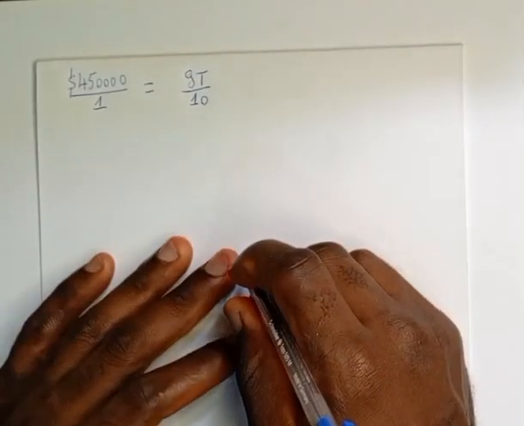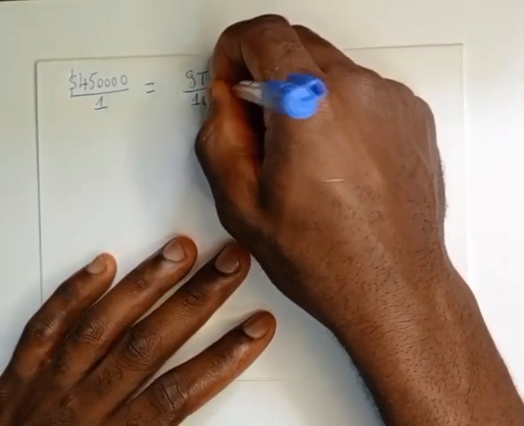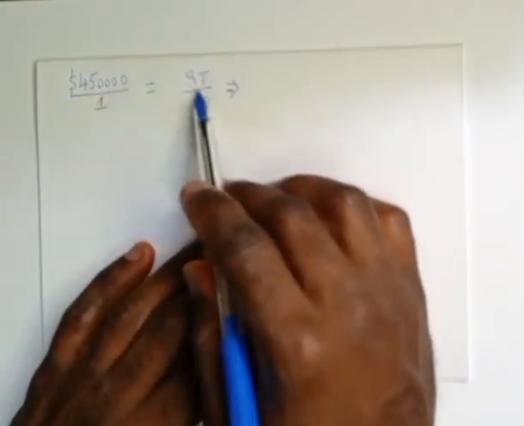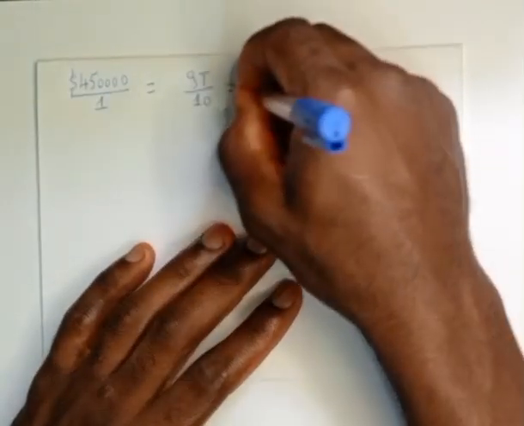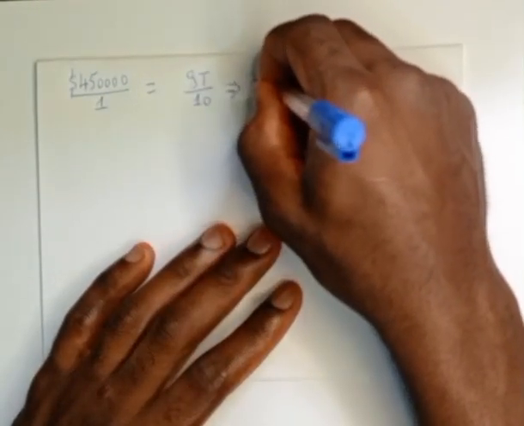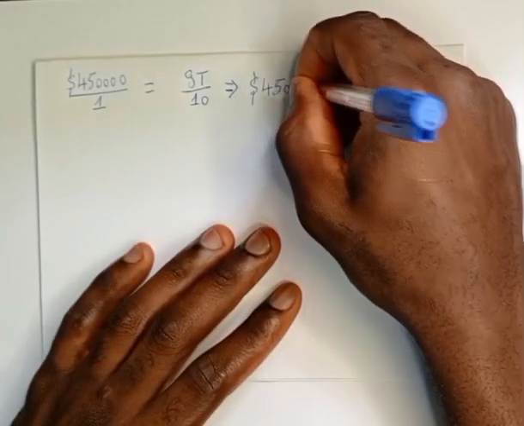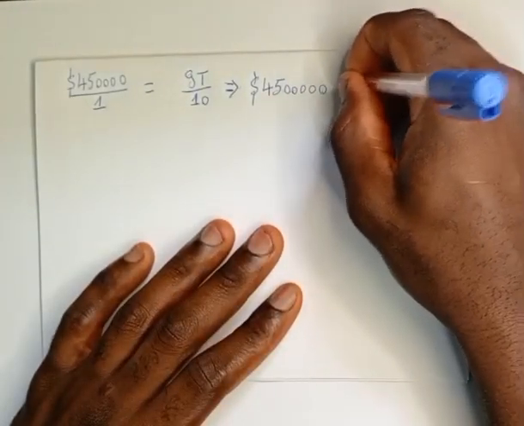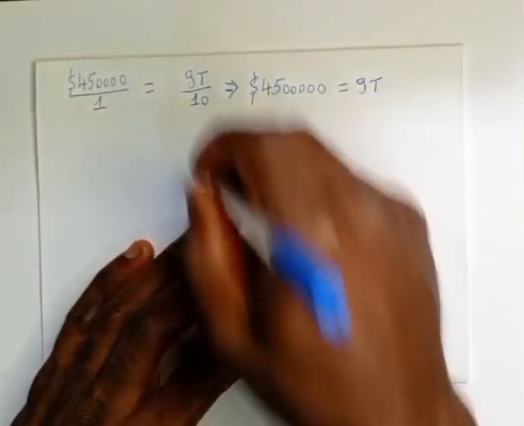At this level, we are going to perform cross multiplication. Then $450,000 times 10 gives us $4,500,000 is equal to 9T.